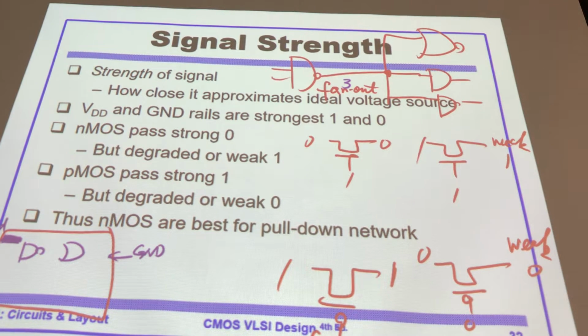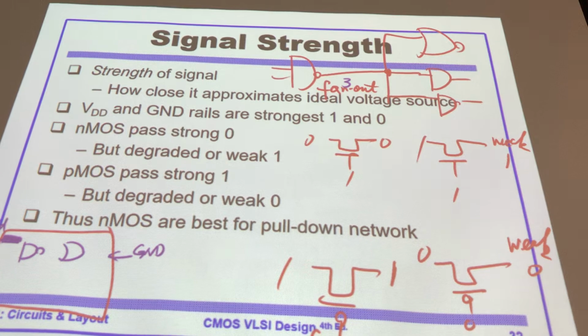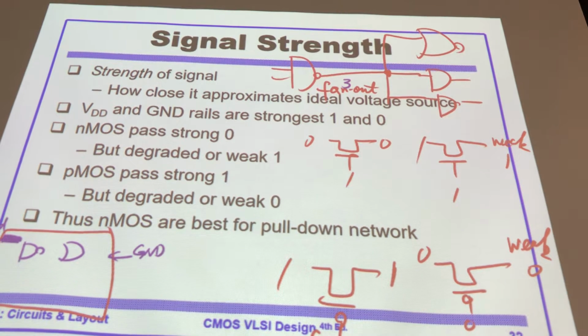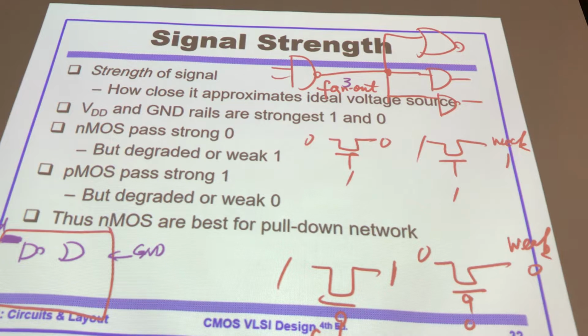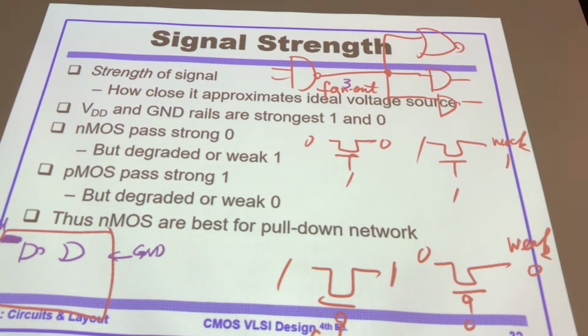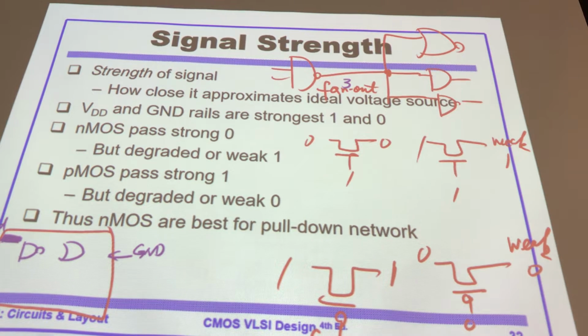Not just 4 lambda, 5 lambda, 6 lambda, no. They are going to be very wide. Just like a tree, the trunk has to be very strong, very big to support many branches and leaves. Okay?